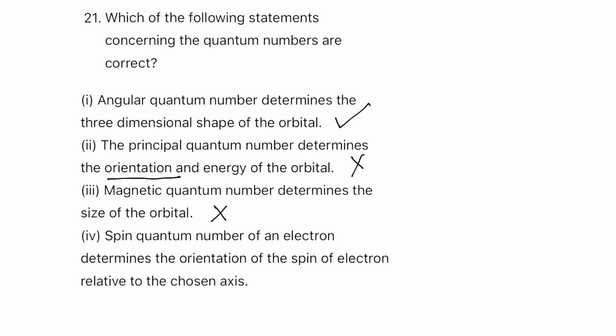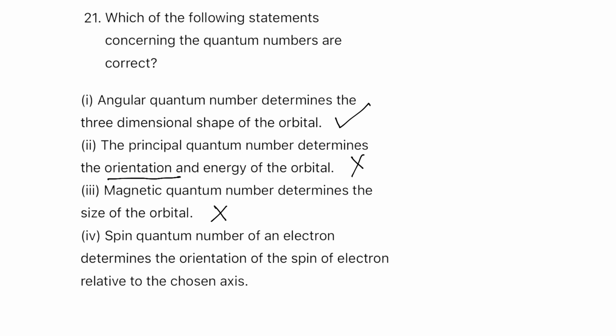Lower the n plus l value, lower is the energy. Higher the n plus l value, higher will be the energy. Then if the sum is the same, then another hint: lower the n value, lower will be the energy. When we do the question, you will get a good idea.